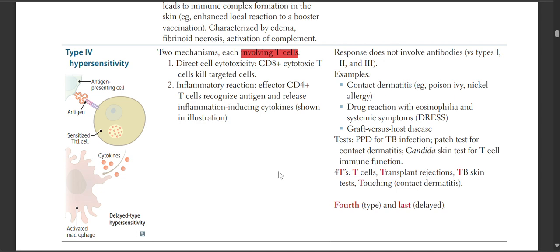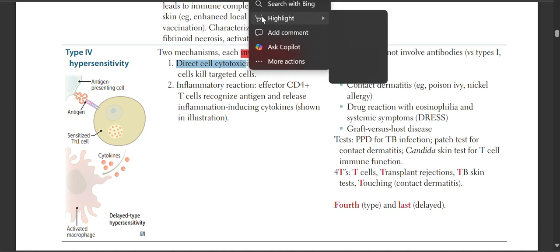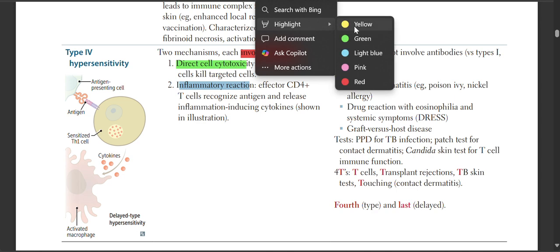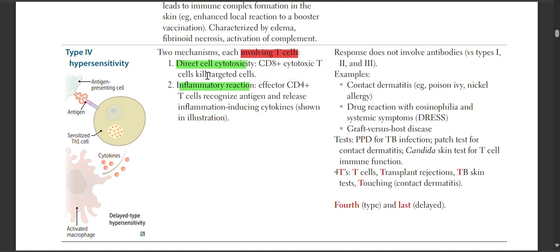We have CD8 positive T cells, which are called cytotoxic T cells, so they can directly go and kill a cell. That's one mechanism. So you have direct cell cytotoxicity. And then we have CD4 positive cells, which can mount a different immune response by producing a lot of cytokines. So that's the second mechanism, which is the inflammatory reaction.